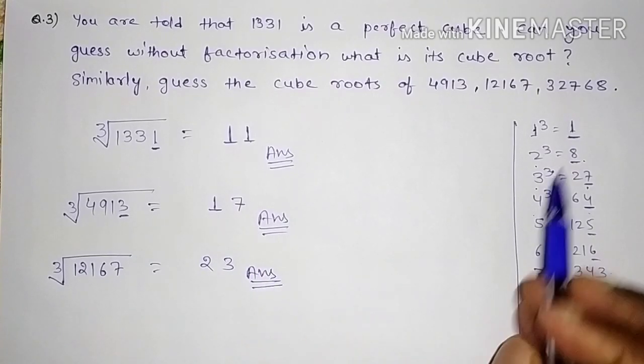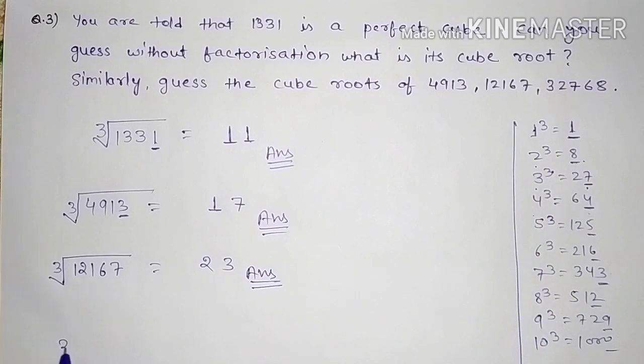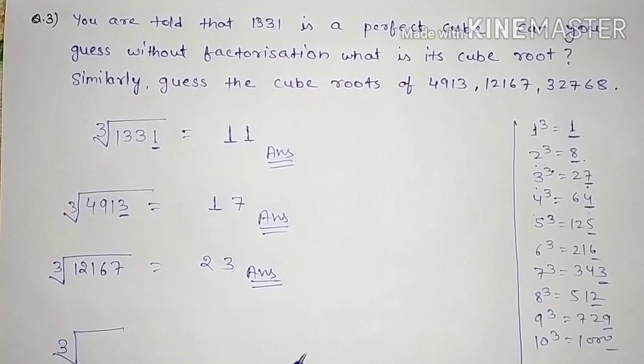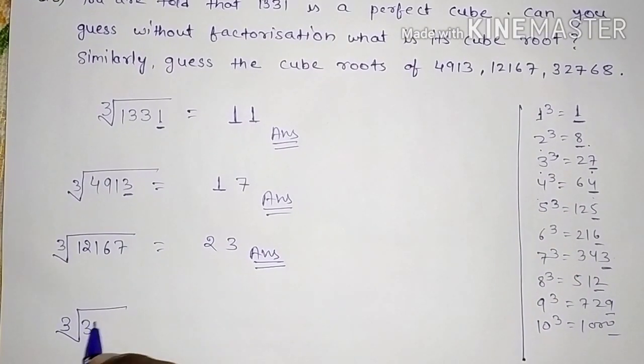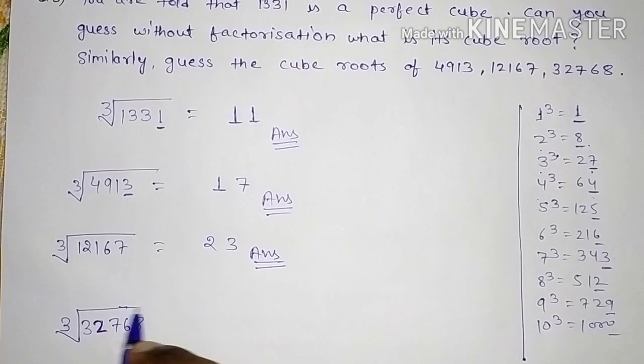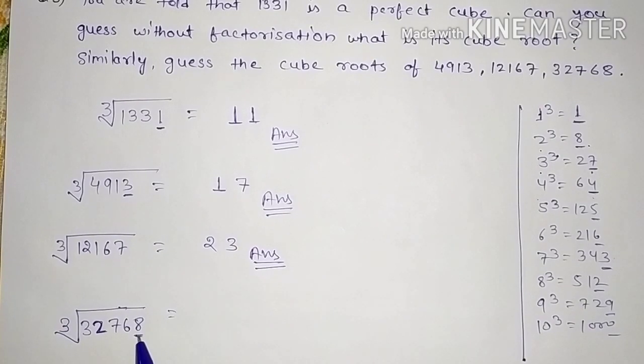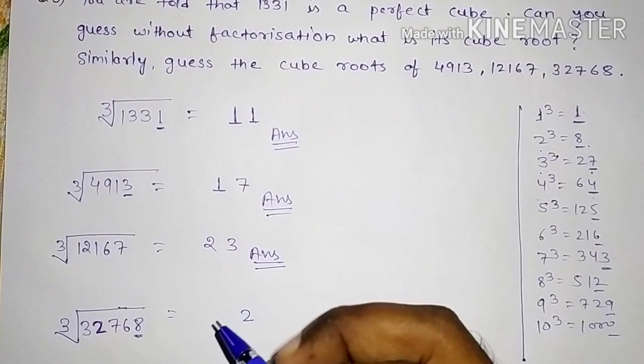Now, next question, 32768. Again, same procedure. The unit digit is 8 here. So check which number's cube has unit digit 8. That is 8, which is the cube of 2. So write here 2. Again, cover 3 digits from the right side.